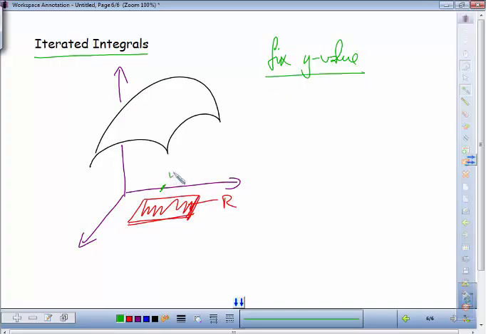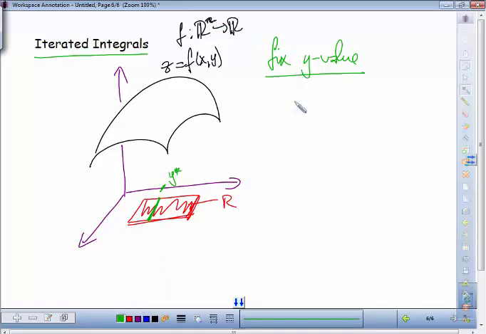So let's call this y star to say that it's fixed. So our function that starts off as f of x y, our function goes from R2 to R. We'll have a fixed y to begin with.